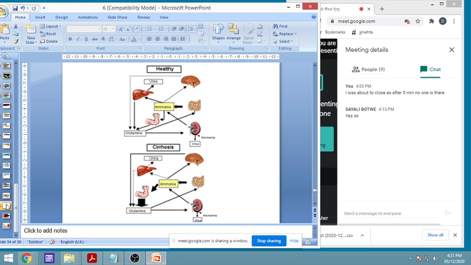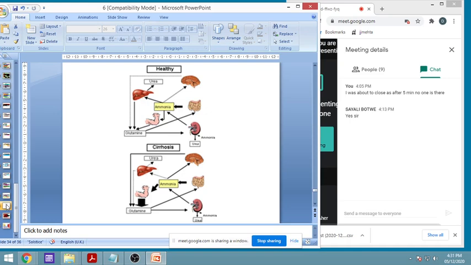If it reaches the brain, which is normally not permitted, it causes a problem. Majority of the ammonia, produced maybe from the GIT, from urea, and in all cases from glutamine, is metabolized by the liver.